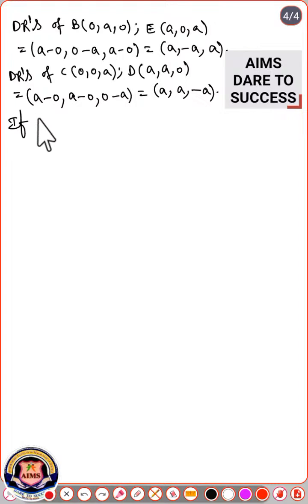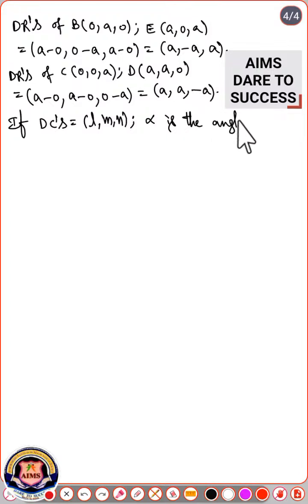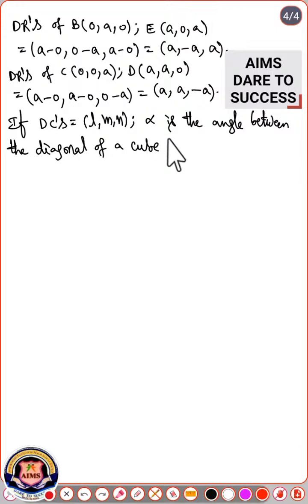Next, if the direction cosines are L, M, N. Okay, after that, for the 4 diagonals, alpha is the angle between the diagonal of a cube.